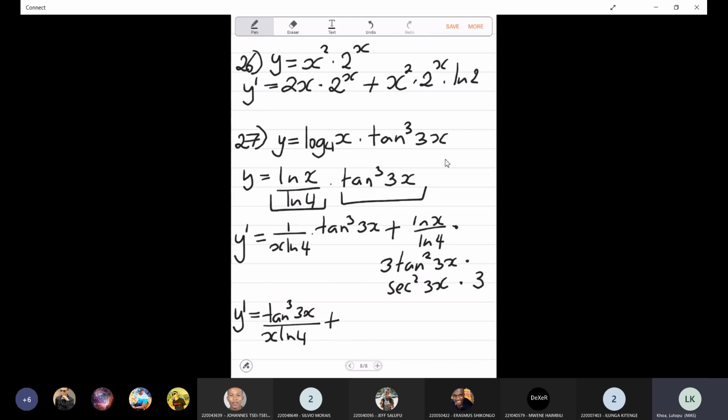So this is 9 tan squared of 3x sec squared of 3x ln of x, all divided by ln of 4. Okay, so just writing it so it looks a little bit better. Sec squared is 1 over cos squared. Okay, there isn't anything that can cancel, so we can leave it like that.